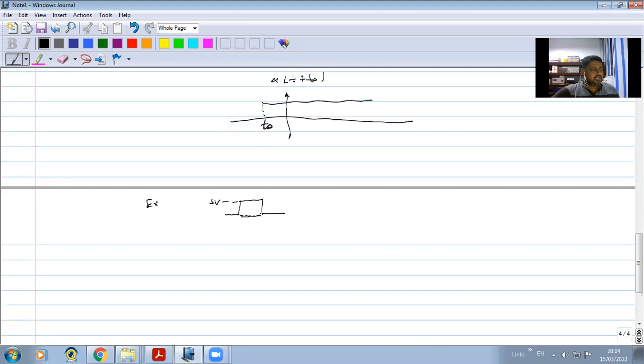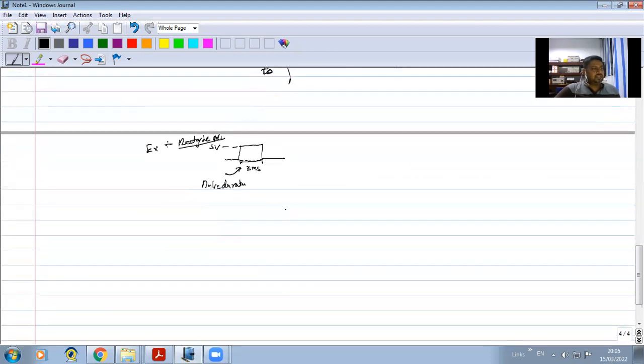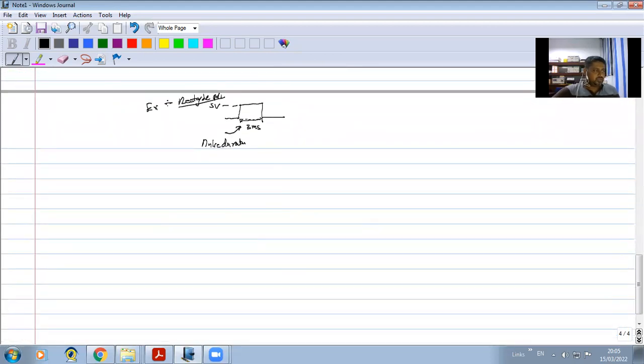Let's say the pulse duration is 3 milliseconds. So this is one electrical pulse. We normally refer to this as a rectangle pulse. If we draw this signal, it will look like this.